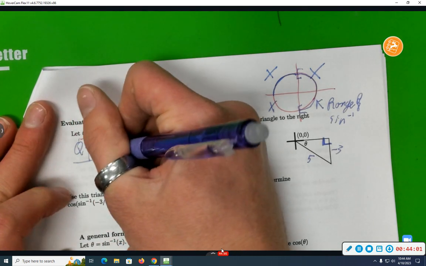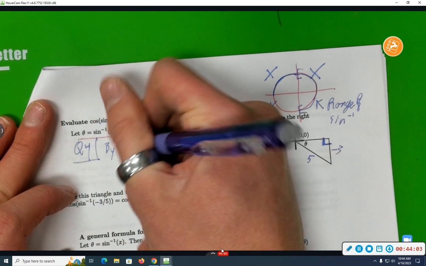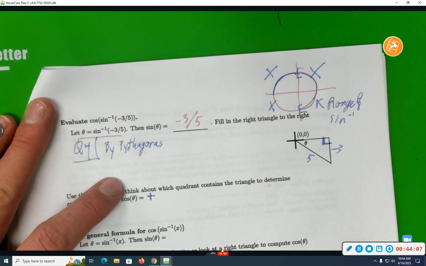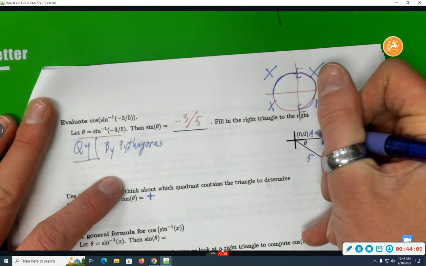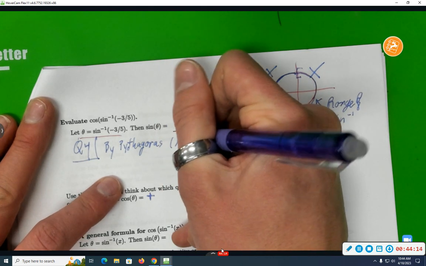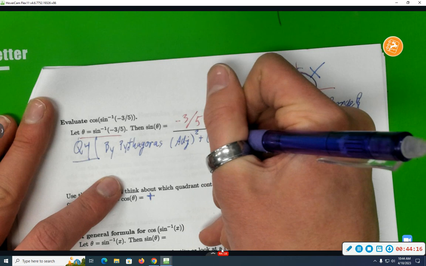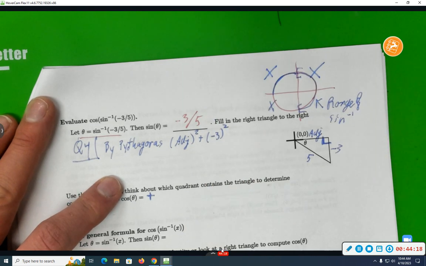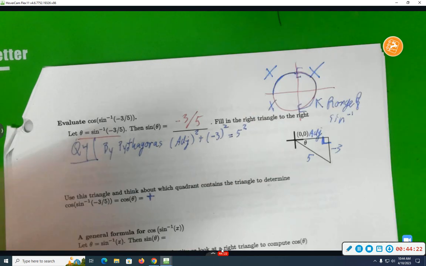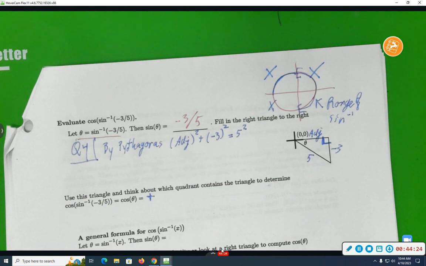So, let's see, by Pythagoras, let's call this ADJ for adjacent. Adjacent squared plus negative 3 squared, or just 3 squared, depending on how you've labeled the triangle, equals 5 squared. Does that look easy to solve for adjacent?